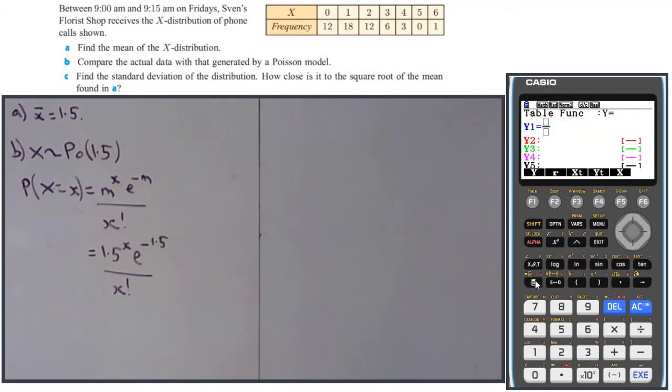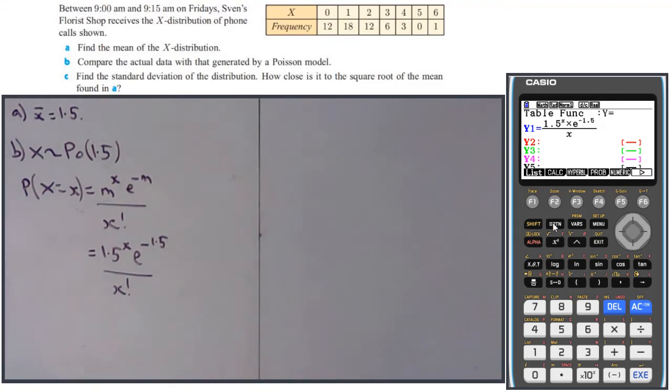So it is 1.5 to the power x, times e to the power of minus 1.5, all over x factorial.